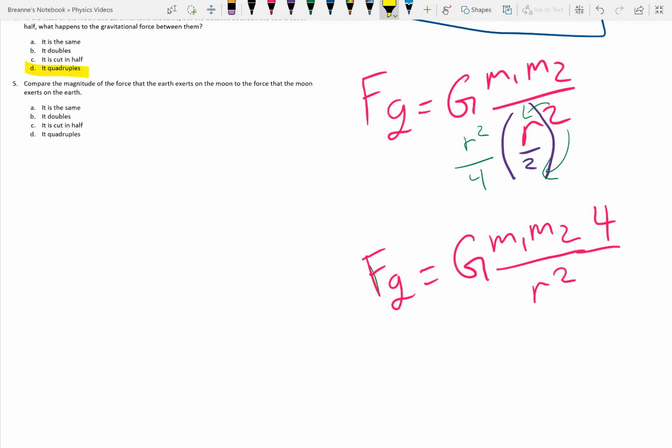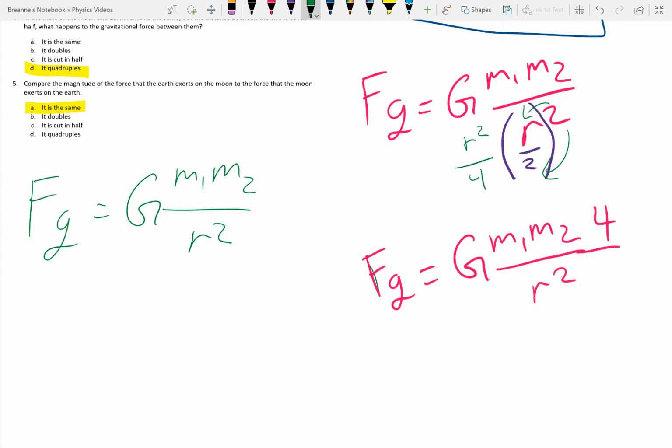Compare the magnitude of the force the Earth exerts on the moon to the force the moon exerts on the Earth. So basically, it's going to end up being the same. Since the masses are being multiplied together, let's look at the equation. F equals G m1 m2 divided by r squared.